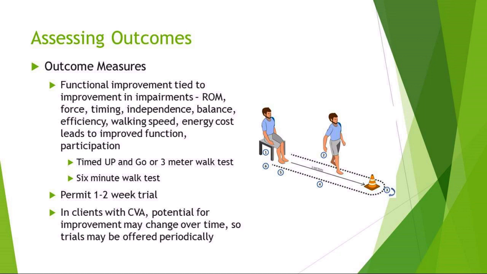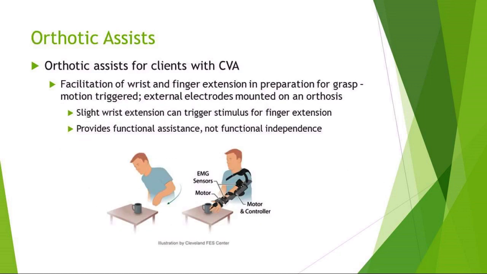So think about that. It doesn't always work. Sometimes if it doesn't work, try it again in a couple weeks or a couple months and see if it works better. So, orthotic assist for clients with CVA: there are orthotics that facilitate wrist and finger extension to prepare for grasp. Some of them are motion triggered.